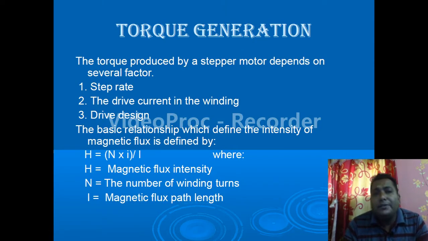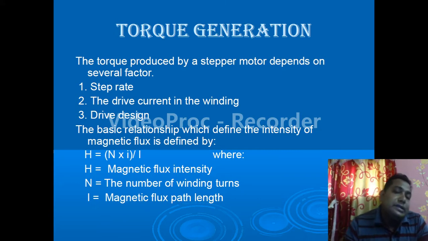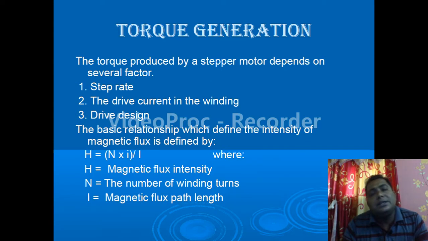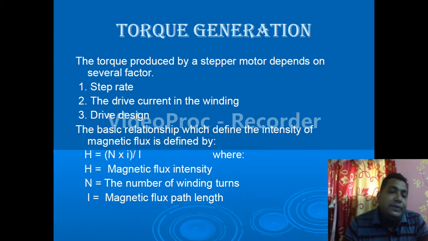Now we come to the torque equation. The torque developed by a stepper motor depends upon several factors. What are these factors? The step rate, the drive current in the winding, and the drive design.